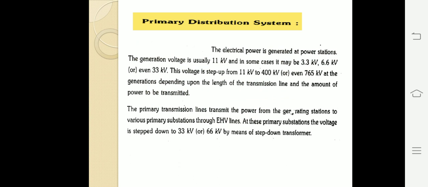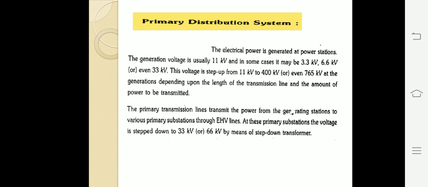Now coming to primary distribution. As we know, we can generate the electrical energy and we can transmit the energy, and from the transmission we can step down the voltage. The primary transmission lines transmit the power from the generating stations to various primary substations through EHV lines.